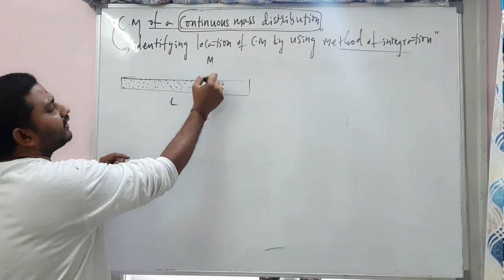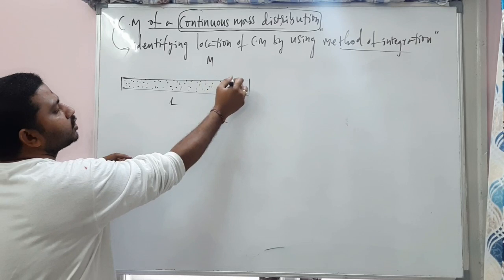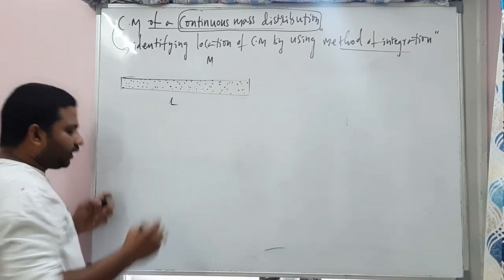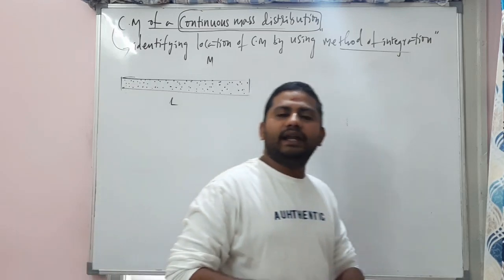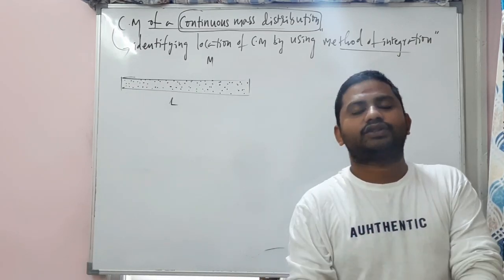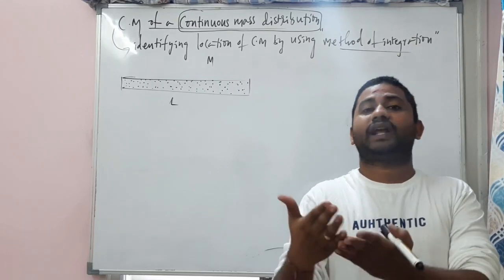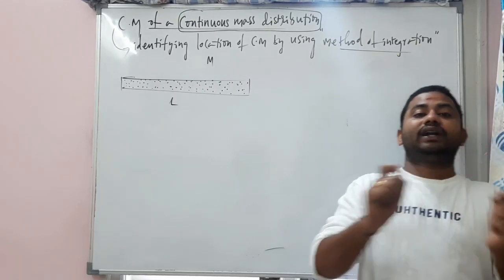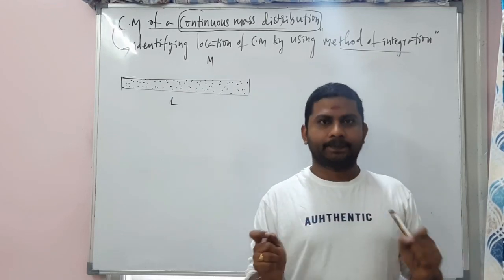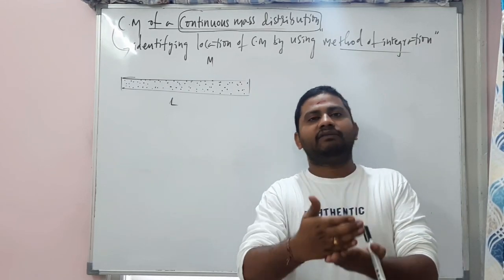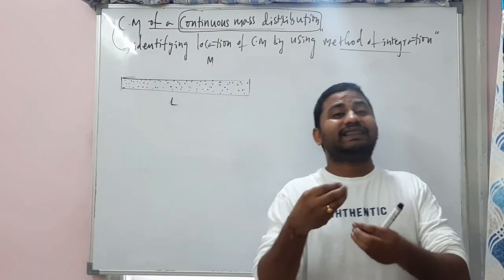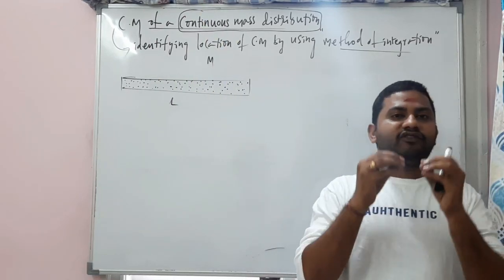So to find the center of mass of this rod, identifying each mass and applying the formula m1 x1, m2 x2, m3 x3, m4 x4 is too difficult for us.